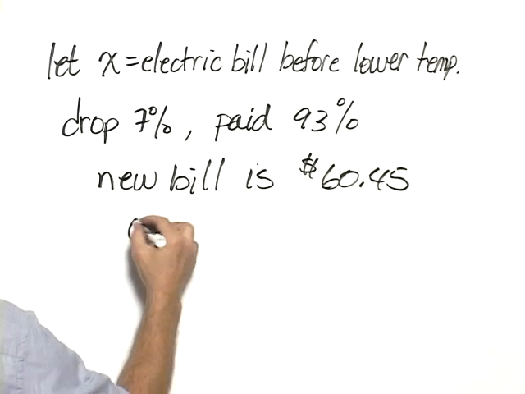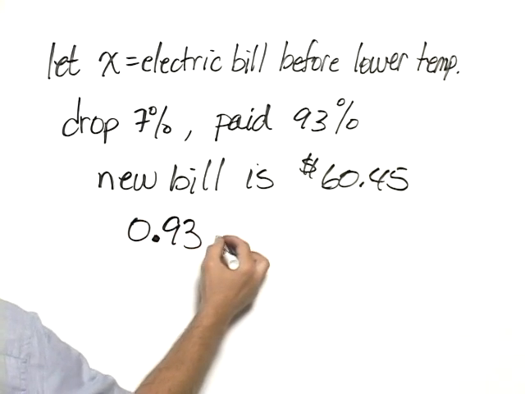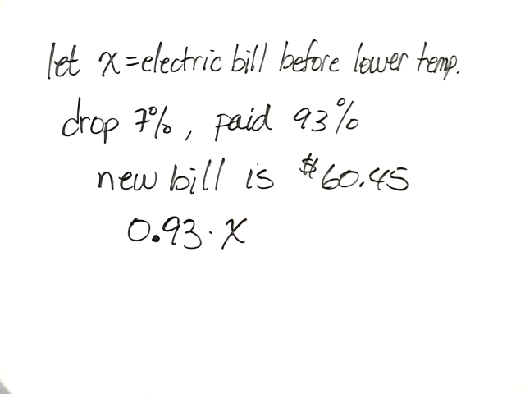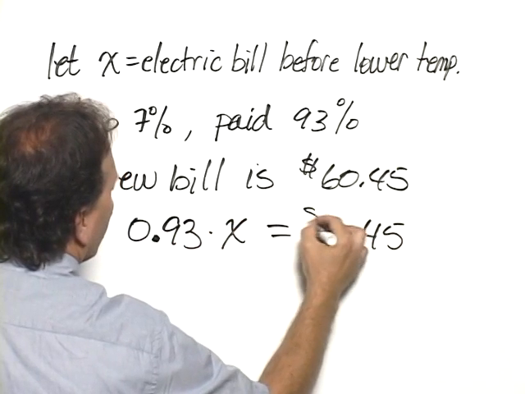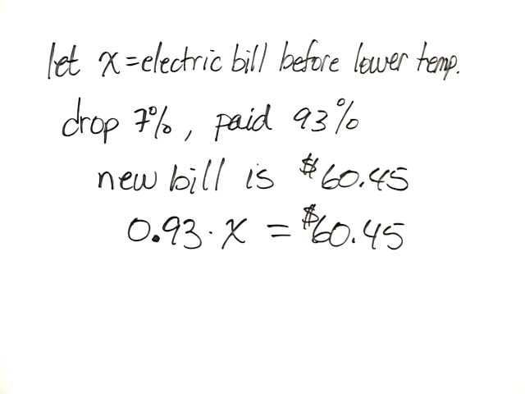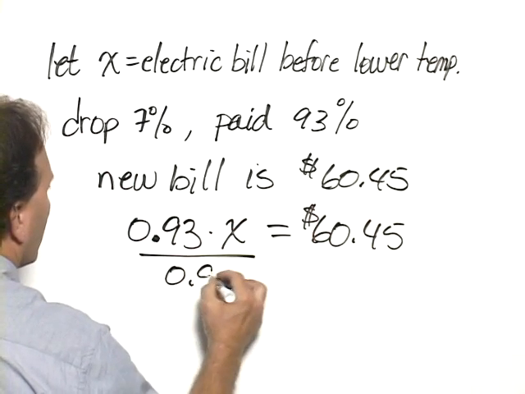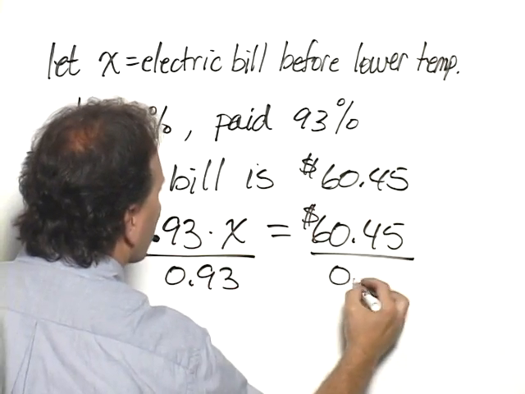So it would be 0.93 times X translates to equals, and it's $60.45.